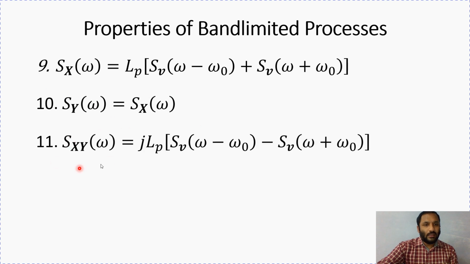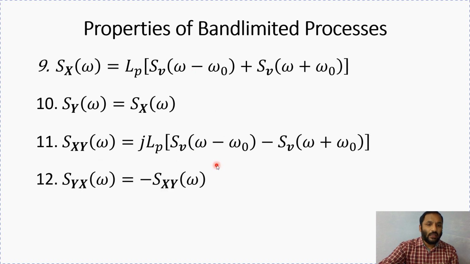Now, this is the cross power density spectrum, and it can be computed as an imaginary number times the low pass components of this spectrum, this PSD. So it is somewhat similar to the ninth property.